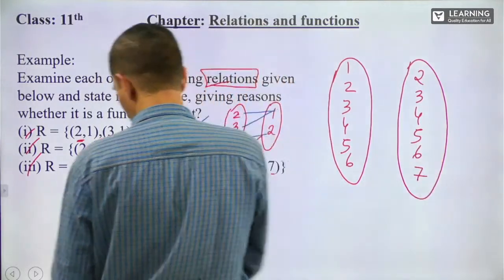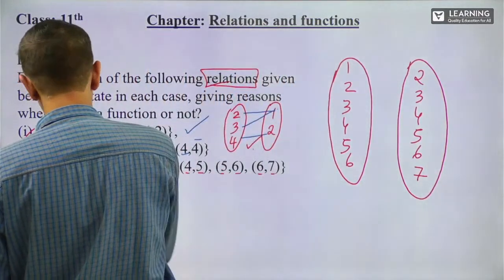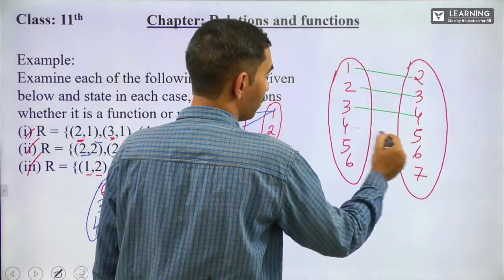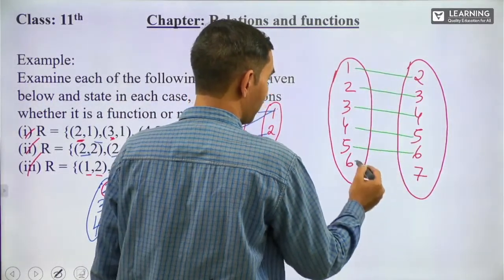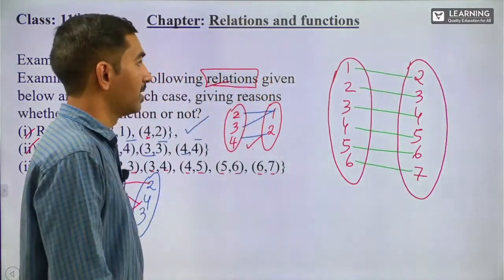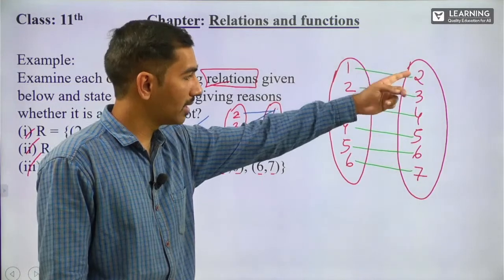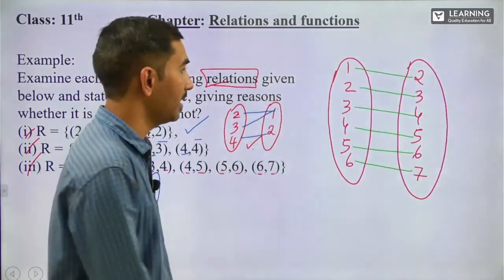Try to map them, students. When you map, you will get something like this. For 1 we have 2, for 2 we have 3, for 3 we have 4, for 4 we have 5, for 5 we have 6 and for 6 we have 7. So each and every element in X has one and only one image in Y. So this is again a function.